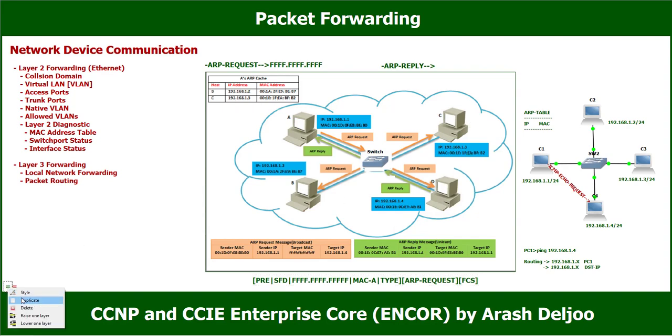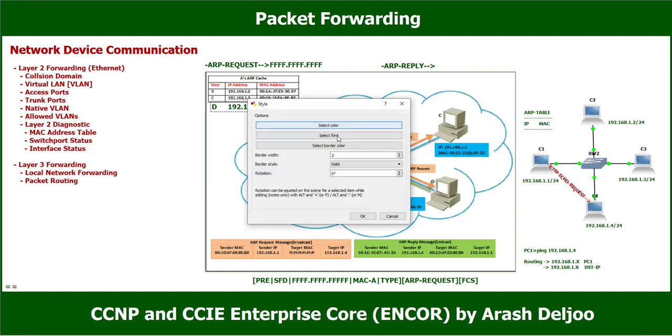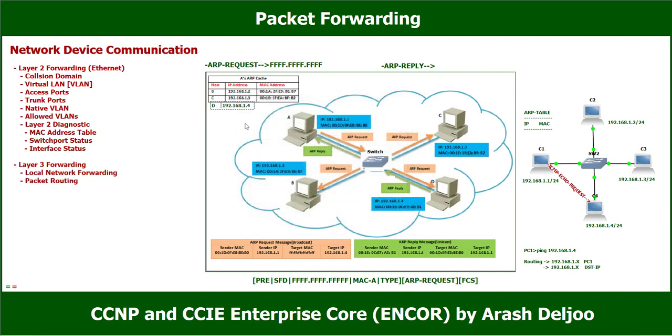After receiving this ARP reply, in the ARP cache we will have the IP address 192.168.1.4 with the MAC address of computer D. At first we didn't have the MAC address of computer D, so we used ARP, but after receiving the ARP reply, now we have this information in the ARP cache, and for subsequent packets we don't need to use the ARP process again.